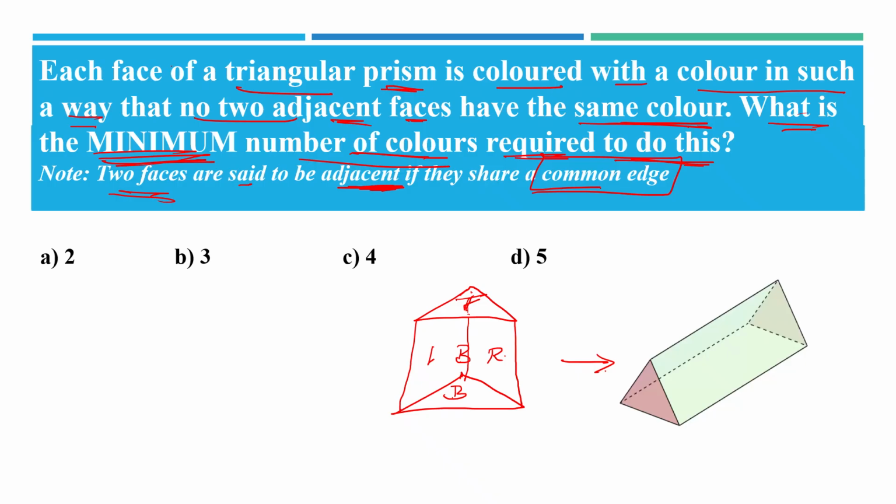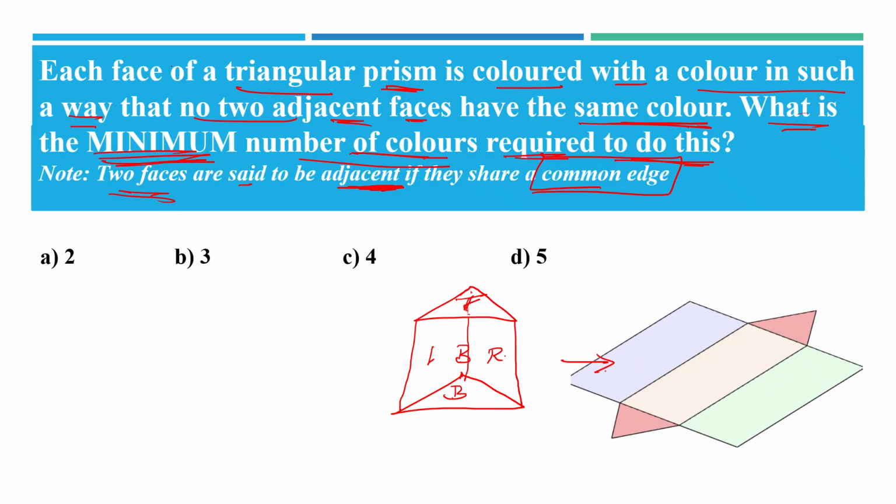Let's imagine the net of the same. Great. As you see, this is my bottom, this is the left, and this is my right. Let's assume this to be my top, and this is the bottom. Okay.